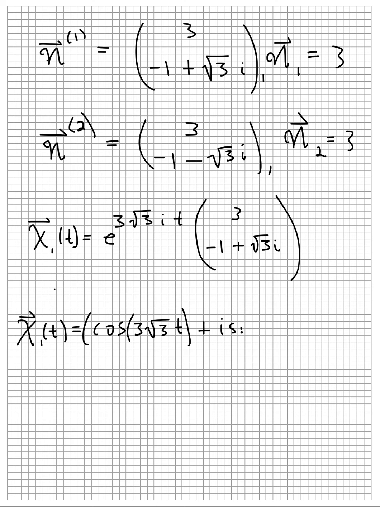I times sine of 3 times the square root of 3 times t, double close, and then we have our vector, which is 3 times minus 1 plus the square root of 3 times I, just like that. And again, let me close the parenthesis there.